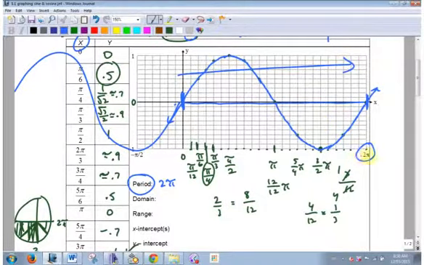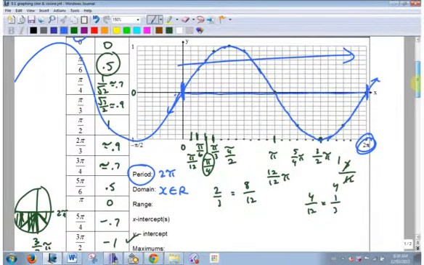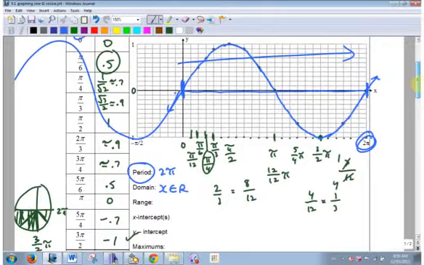Is there any value of pi this thing won't get to? So how do I say that? Like that. All real. It's continuous, right? All these points have meaning. Range, what's the minimum, what's the maximum? Y is less than or equal to 1, greater than or equal to negative 1, where y is all real.